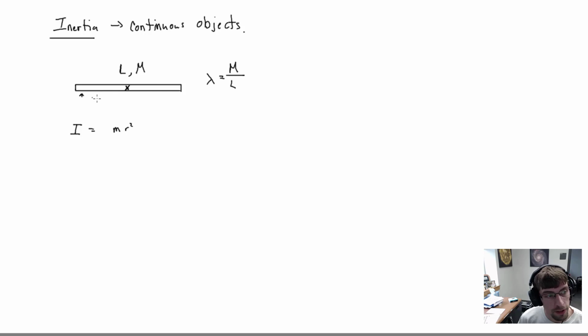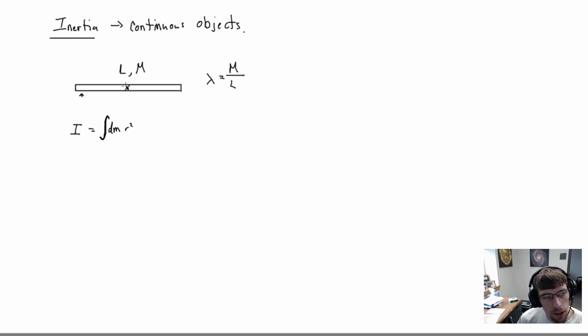The only difference is that now it's an infinitesimally small mass, so I'll call it dm. And rather than doing the summation, because they're infinitesimally small, we'll do the integral. Same idea, it's just that they use different notations to represent discrete versus continuous. So this is what we actually need to do.